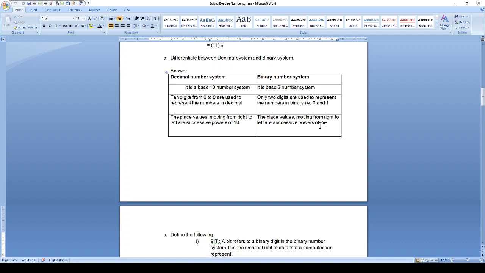That is, 2 to the power 0 is 1, next is 2, next is 4, next is 8, 16, like 32, 64, 128. In this way you move on through the place values one after the other successively. Okay, so write the 3 points of differences.